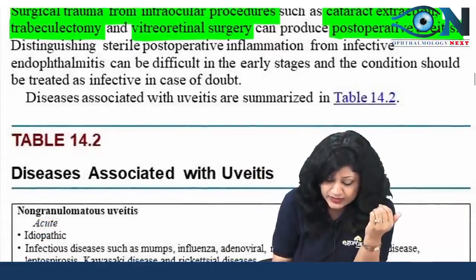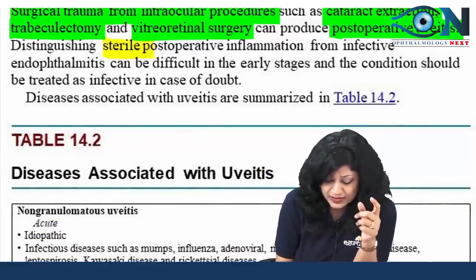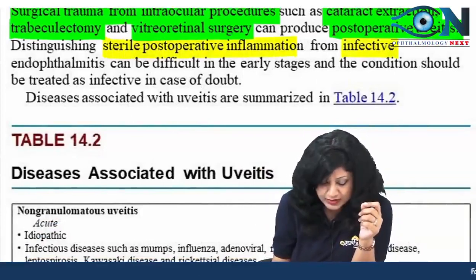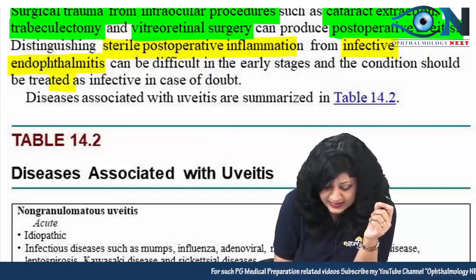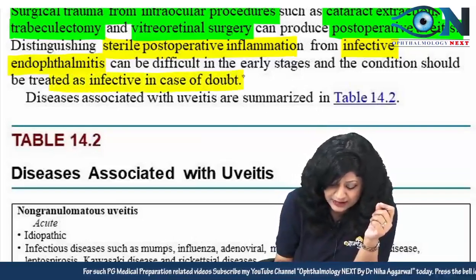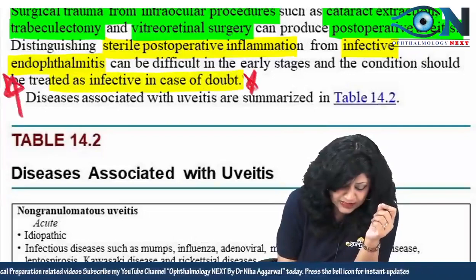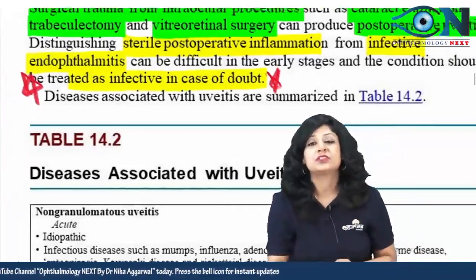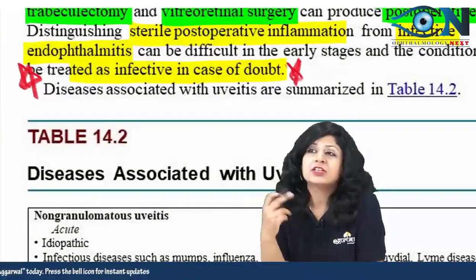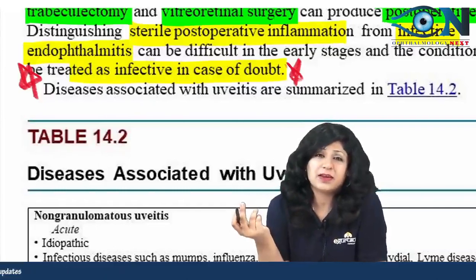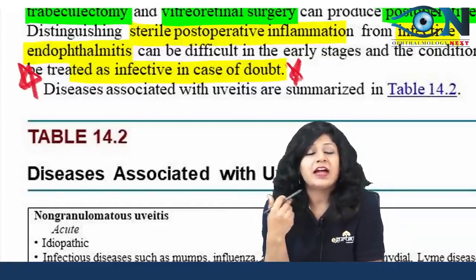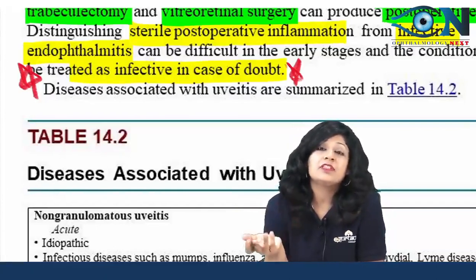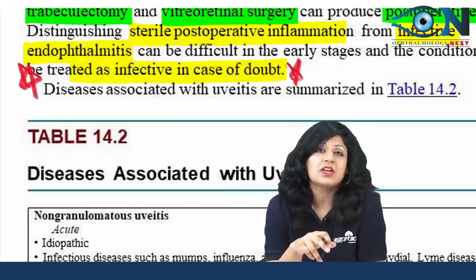Then the distinction between sterile post-operative inflammation and infective endophthalmitis can be difficult, and the condition should be treated as infected in case of doubt. A very, very important thing I will say, because many times I get this doubt even from students: how to differentiate toxic anterior segment syndrome from endophthalmitis. I must say it is very difficult, and whenever we have toxic anterior segment syndrome, even there we can have chances of secondary infection.